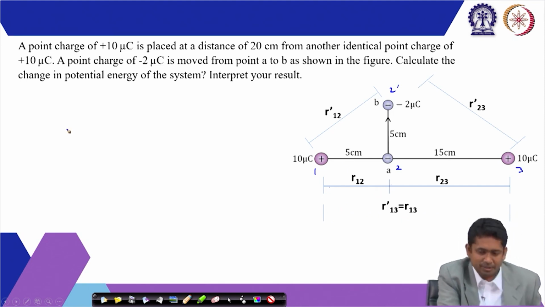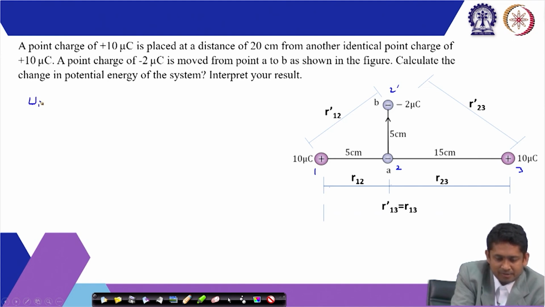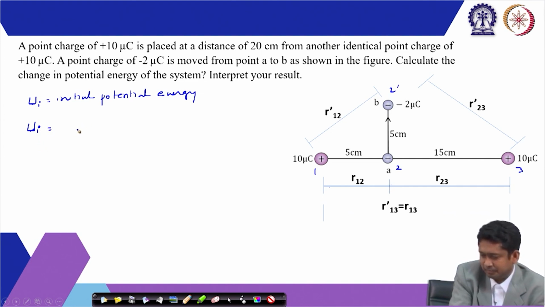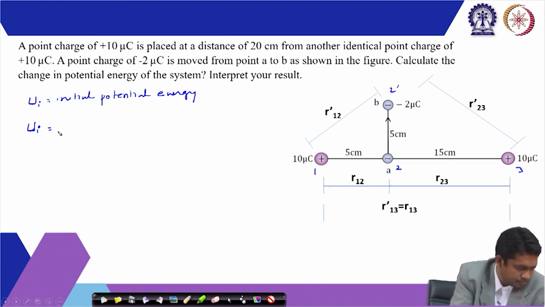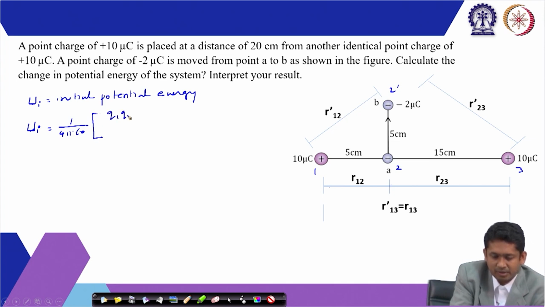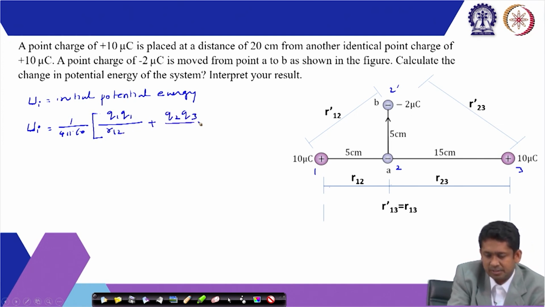Now, we can find out the potential energy at the beginning, UI, we say initial potential energy, and that can be found as, if I take 1 by 4 pi epsilon outside, then we have Q1 Q2 divided by R12 plus Q2 Q3 divided by R23 plus Q1 Q3 divided by R13.